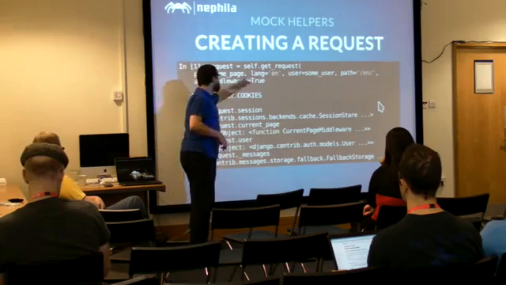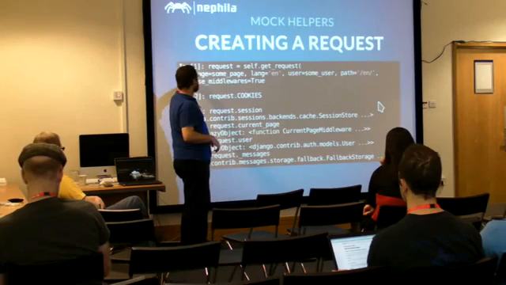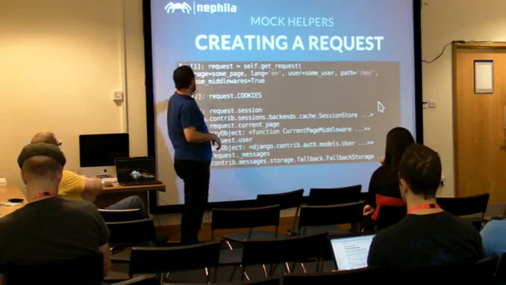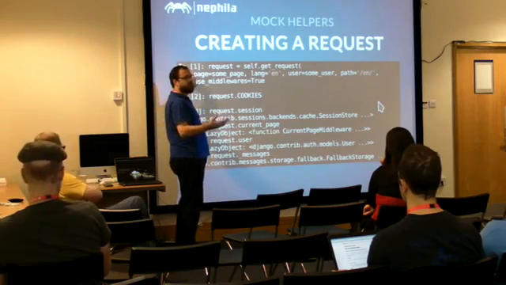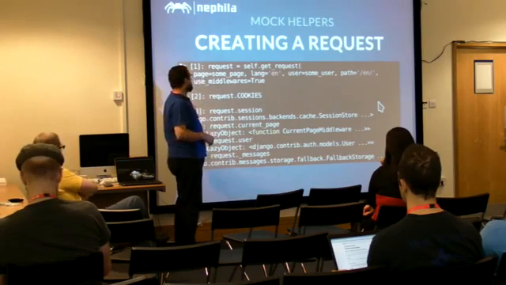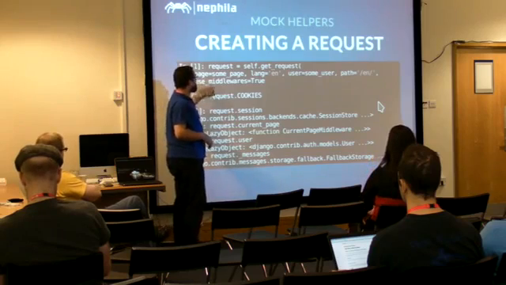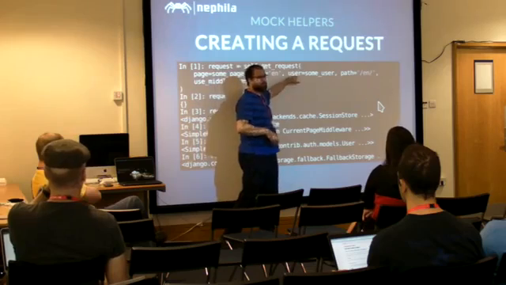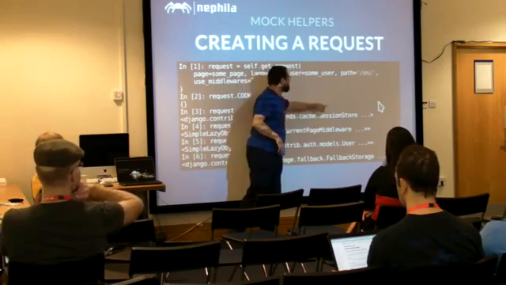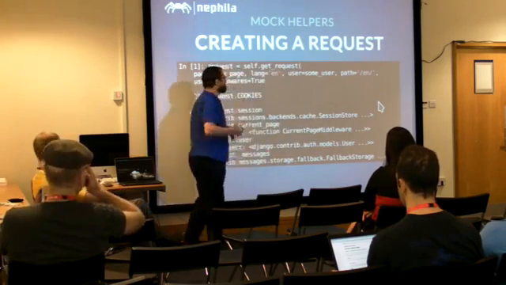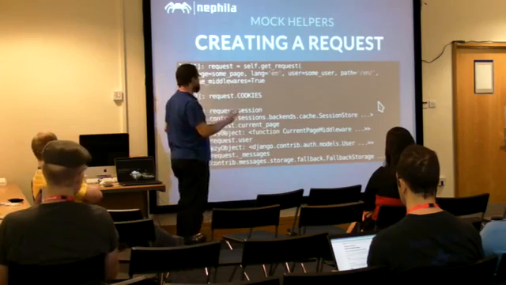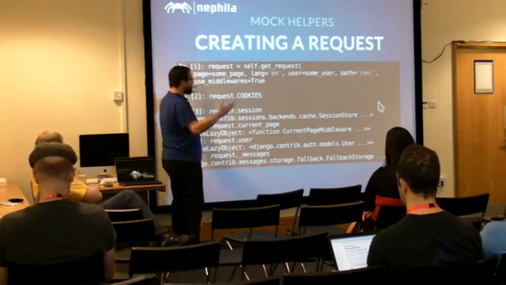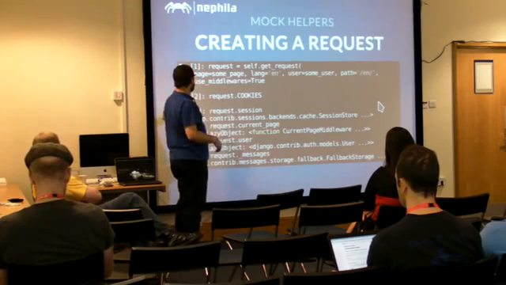You go to get request. You have a few arguments. One is the page. If you have the CMS page, you can pass it to the method. You pass the language. Eventually, a user, if you want to have a user in your request, and then a path, which can be almost anything. It's not really useful. I mean, it's not used to generate things.